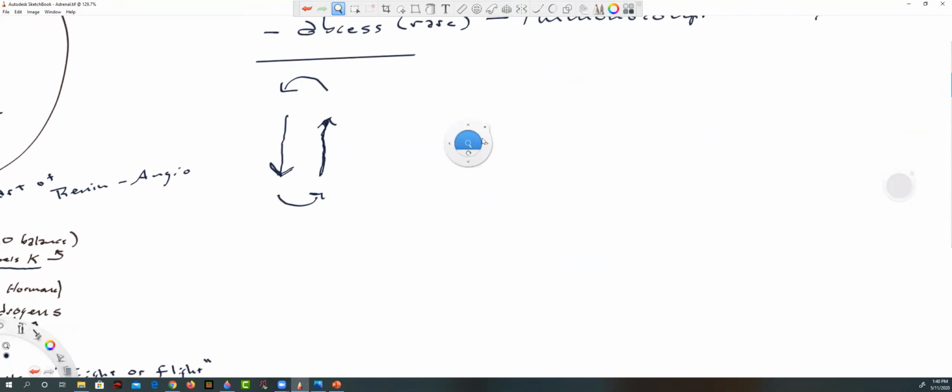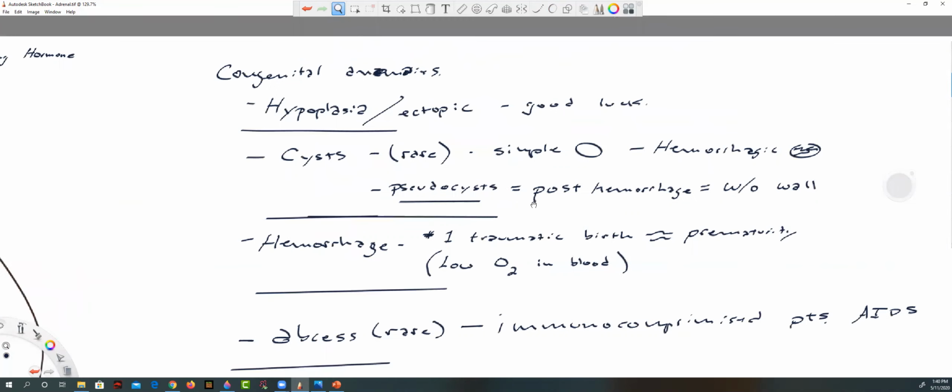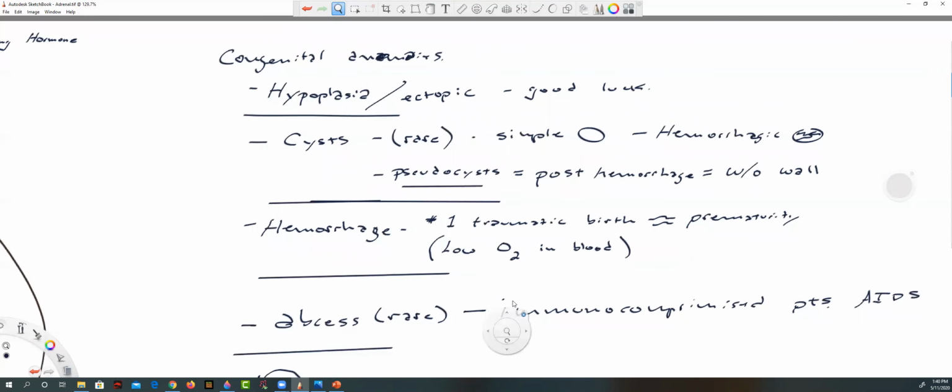Let's see. And why would, I think it's your book's fault. I just didn't even notice it. They put congenital or developmental anomalies, and they put hemorrhage and abscess under that.